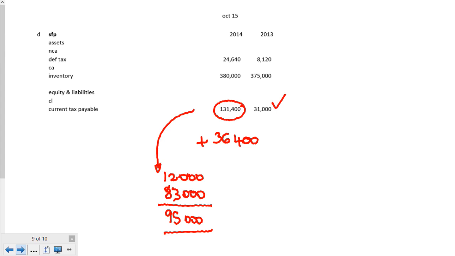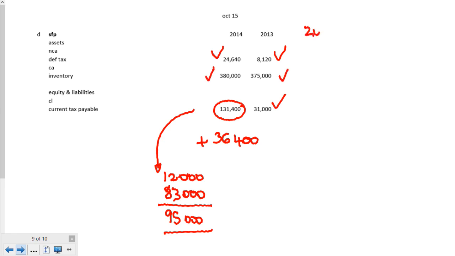That one was given. If I look at the deferred tax balance, opening balance, it's an asset. Do you agree? 8120, it goes as a non-current asset. Closing balance is also an asset, 24,640, it goes up there. And then inventory, it's the new numbers, 380, 375, the new inventory numbers.